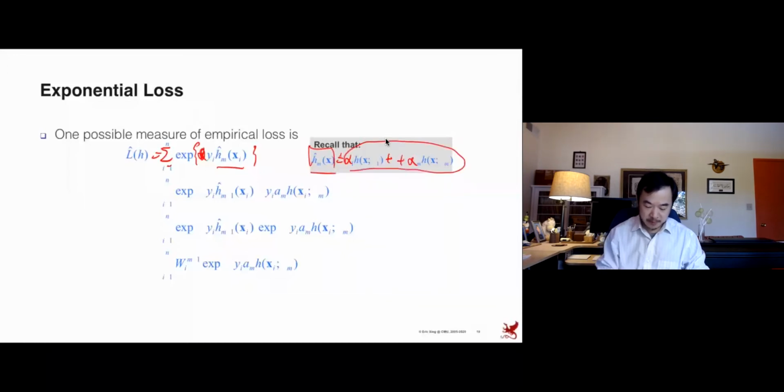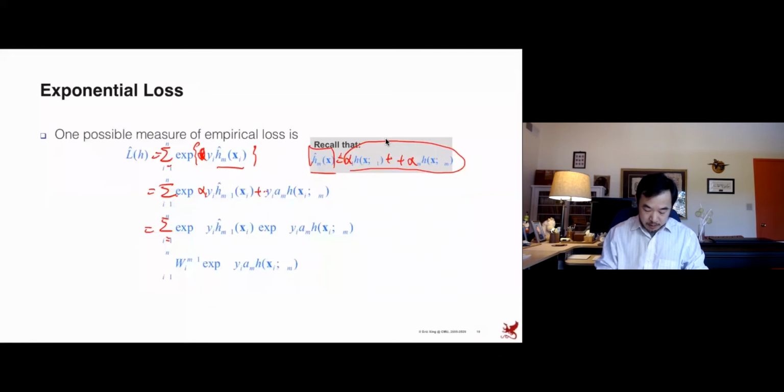Okay, so now let's plug them in. We're going to have the alpha 1 and so forth. Okay, like this. Straightforward. And then let me do some algebraic trick to rearrange it.